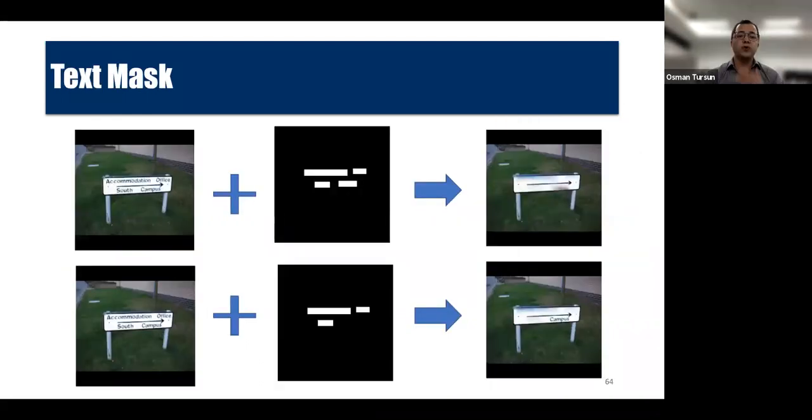To address all these problems, we propose a mask-based approach. We send a mask as a condition, and by controlling the mask, we can control the inpainting. We also reduce the burden of text localization. However, the problem here is that we depend on a third-party text localization method.